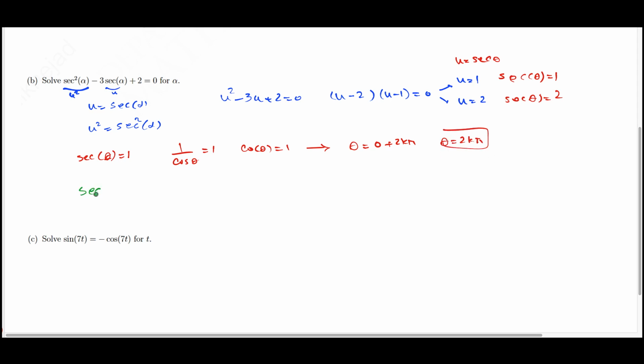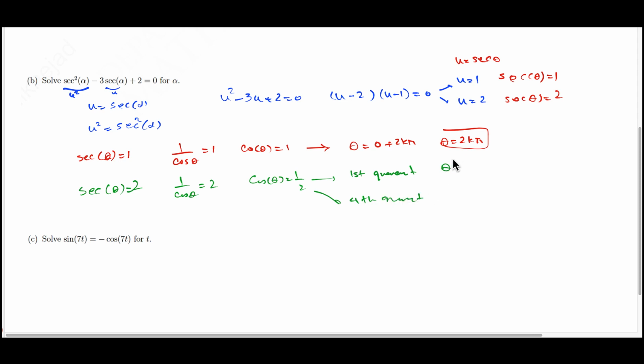Then I also have to solve secant of theta equal to 2. That is 1 over cosine theta equal to 2, so cosine theta is equal to 1/2. Therefore, there are two places. Let's remind ourselves: one of them is in the first quadrant, the other one is in the fourth quadrant.